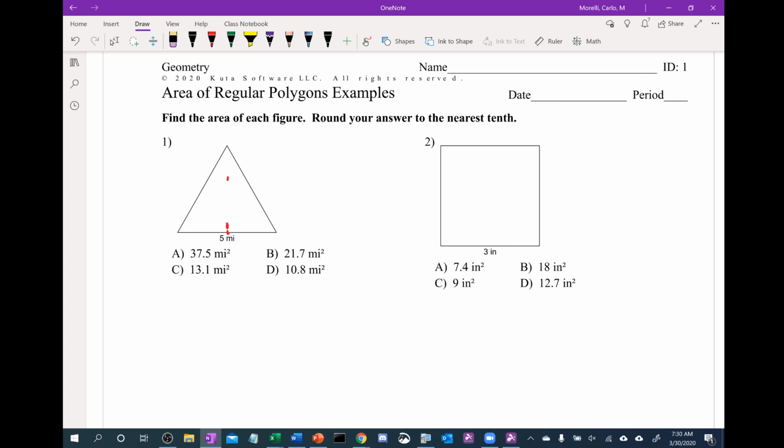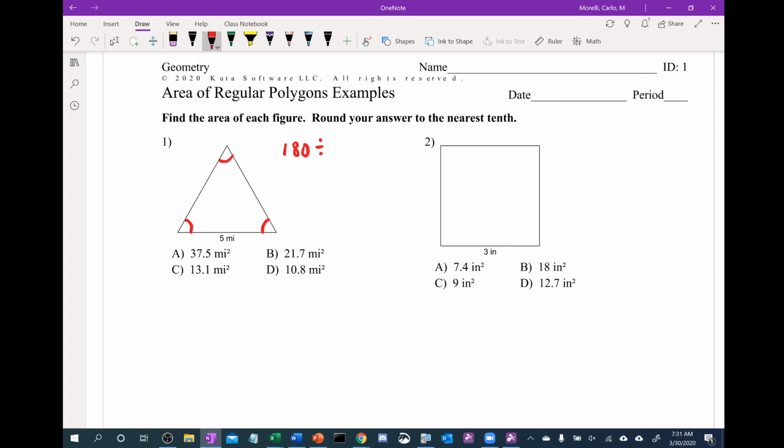So let's think about this for a minute. We have a triangle. The triangle angle sum theorem tells us that the total internal angles of a triangle have to add up to 180 degrees. So that means that this angle plus this angle plus this angle has to equal 180. Well, okay, so we have 180 total degrees.